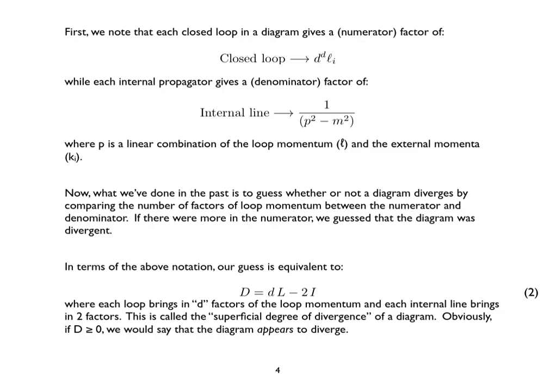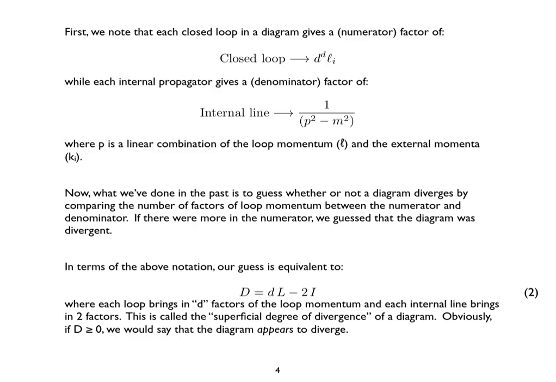We know that we're going to have some numerator factor just from the measure of the integral, and in d dimensions it's going to carry d factors of our loop momentum. And likewise, the internal propagators, the denominators that might appear in this loop, are going to carry inverse square powers of the momentum, okay?